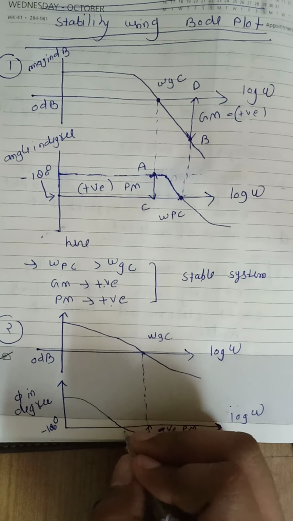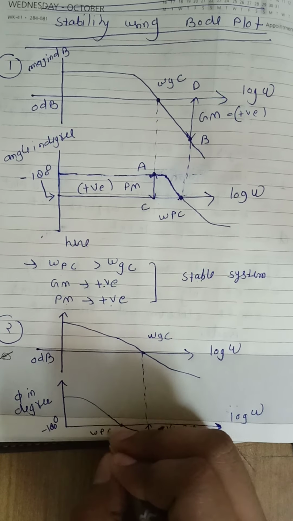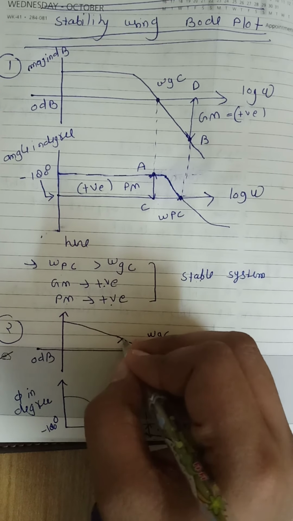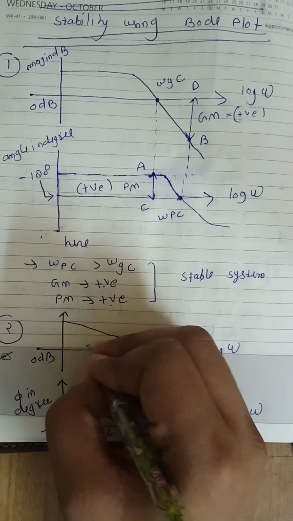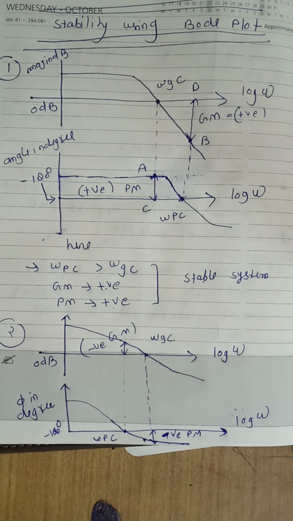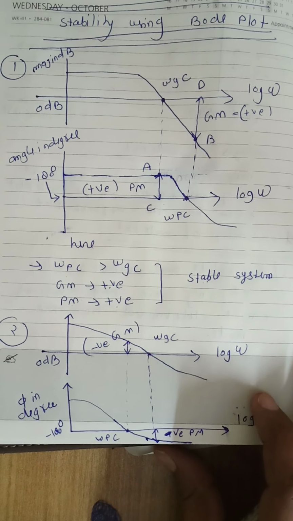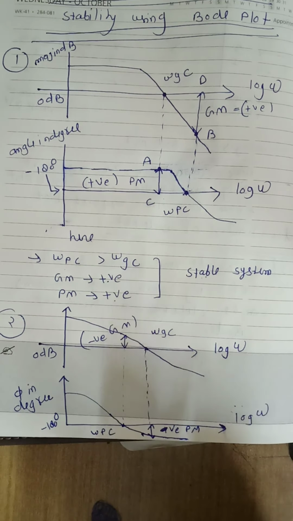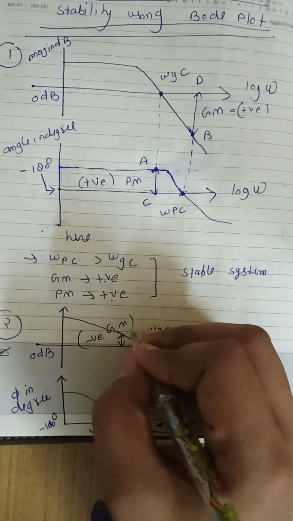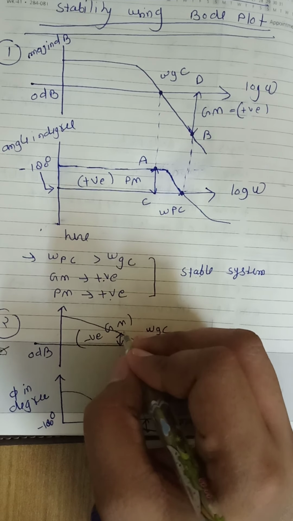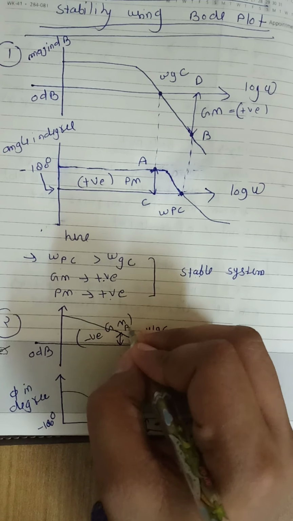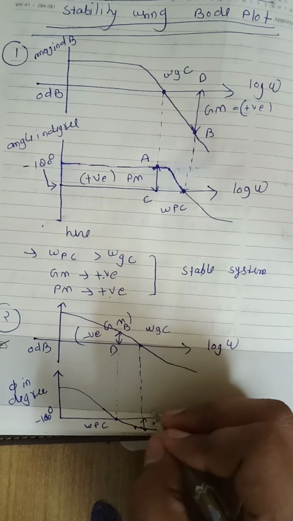At this point we have phase crossover frequency, and this is my negative gain margin. Now let us see what will happen. The intersection point we are considering the same, so you can say BD here and CA here.